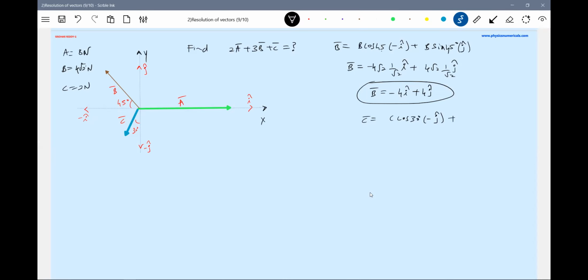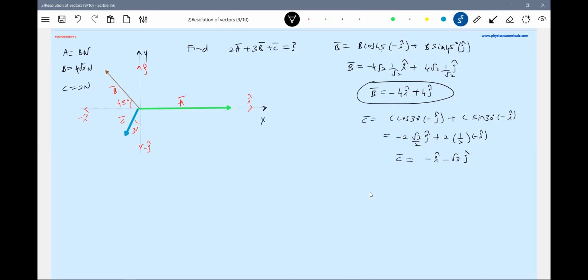Already we have discussed. So this will become C sine. Okay, the value of C is 2, root 3 by 2 minus J cap, 2 times minus I cap. So this will become minus I cap minus root 3 J cap.